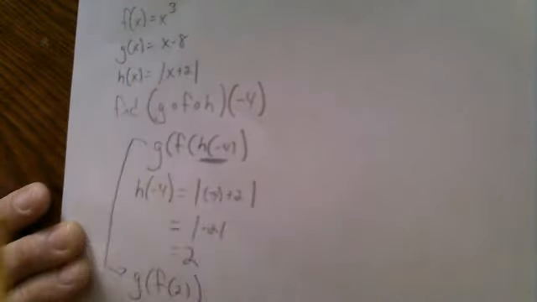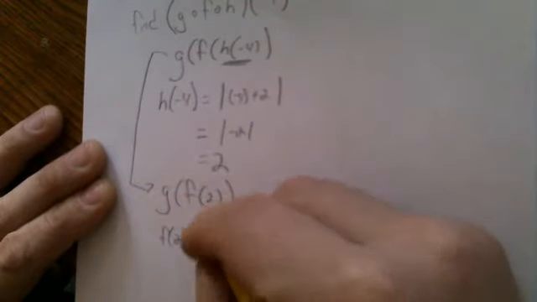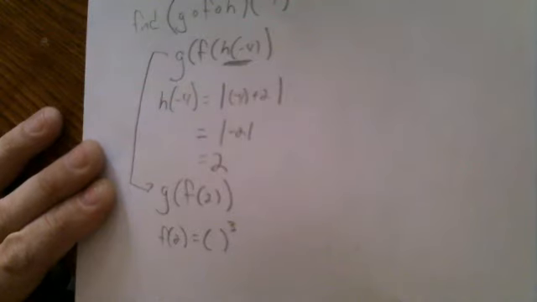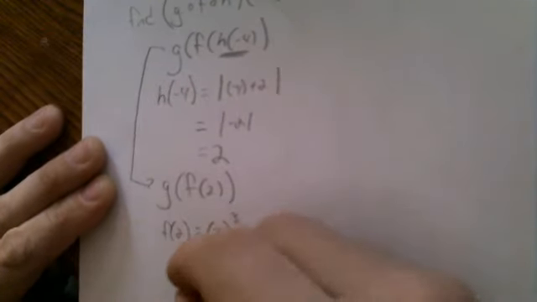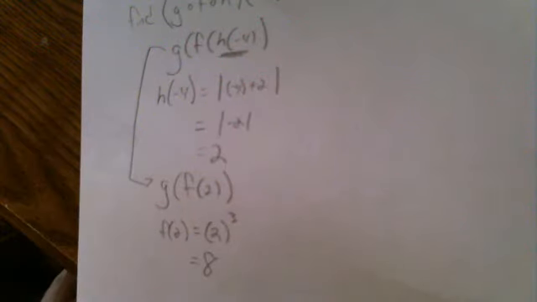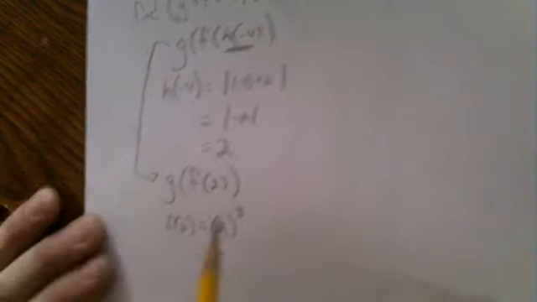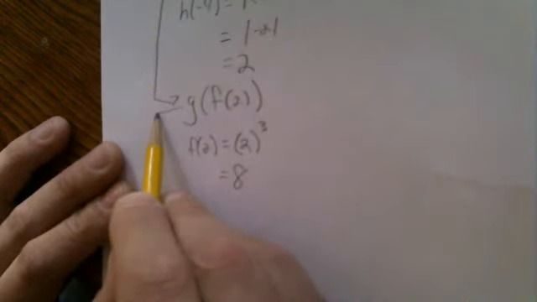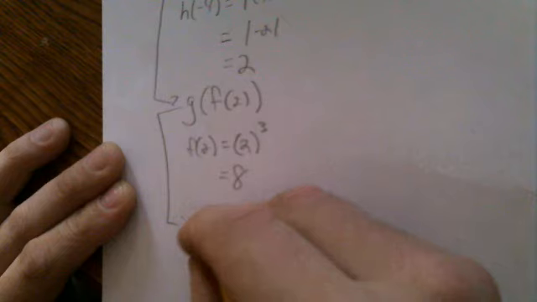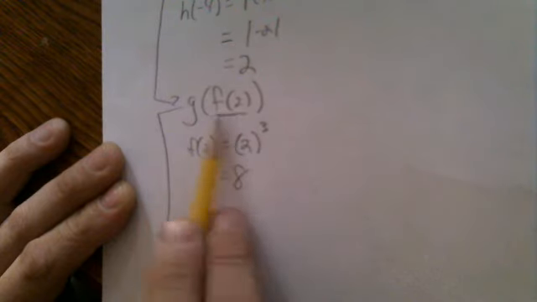It's x to the third. We're plugging in 2. So f of 2 is 8. So now we can rewrite this as g of, well, what's f of 2? 8.